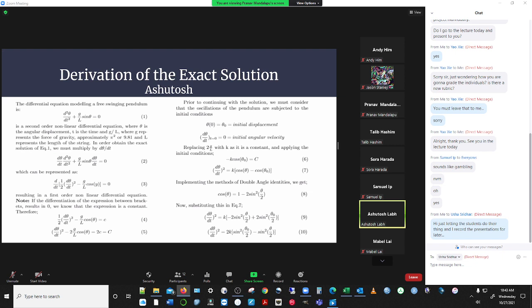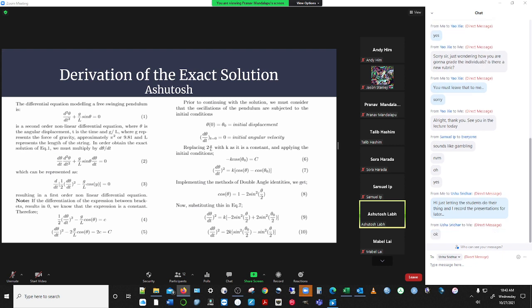Here we have two cosines in this expression, so we used the double angle identity, which means cos theta is equal to 1 minus 2 sine squared theta over 2. Substituting this back into equation 7 gives equation 9: d theta over dt squared equals k bracket minus 2 sine squared theta over 2 plus 2 sine squared theta subscript 0 over 2.